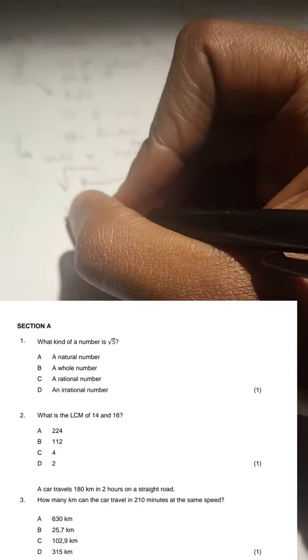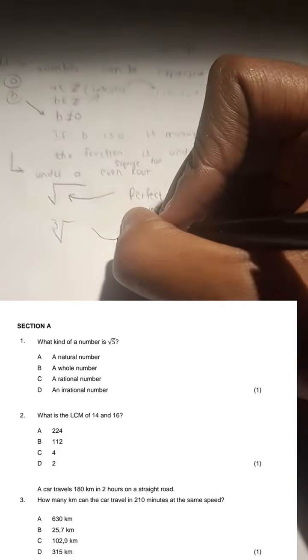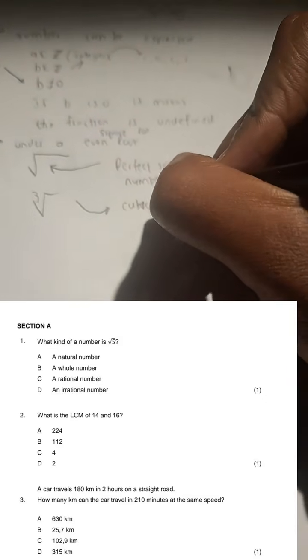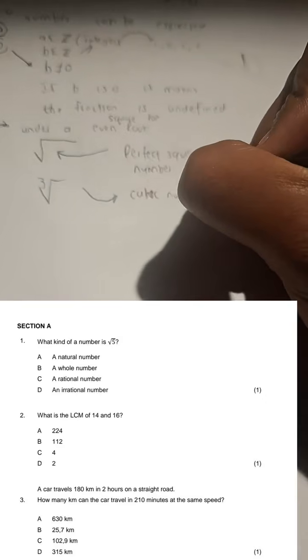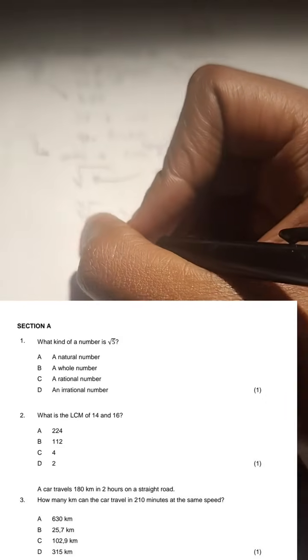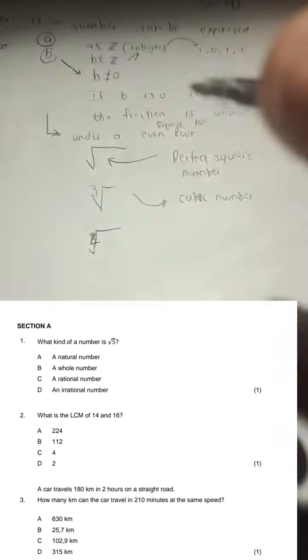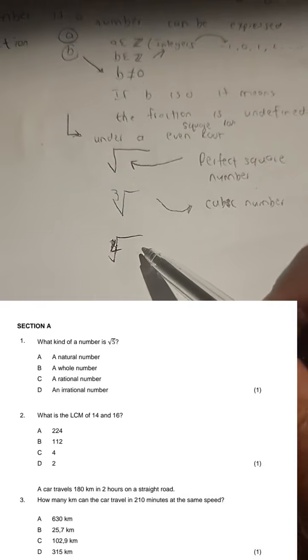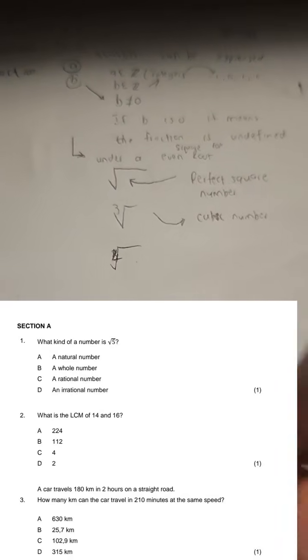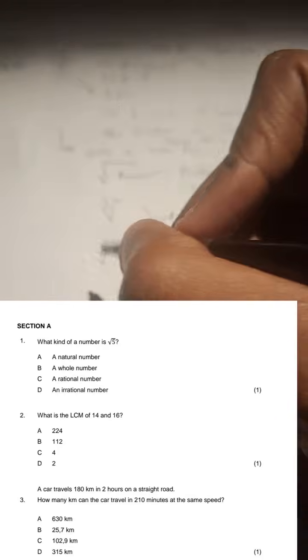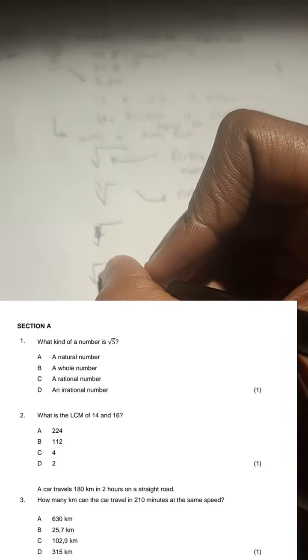If it is a cube root, then we need a cubic number. If it is a fourth root, then we must have a number that will result in a natural number when placed under that fourth root.